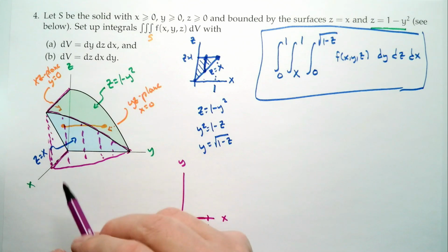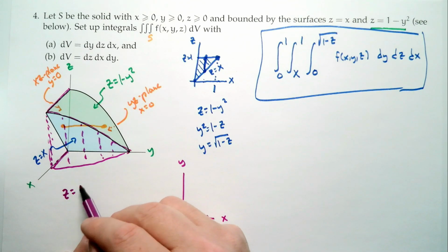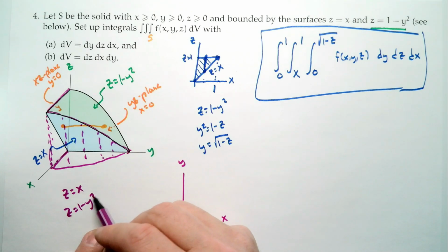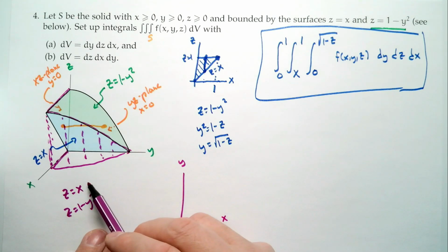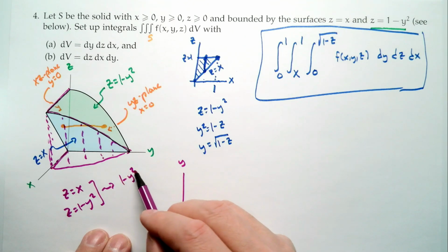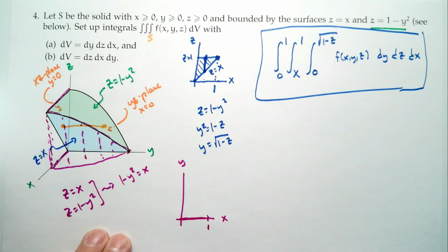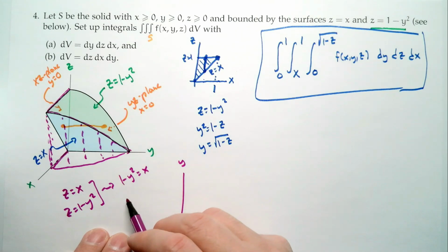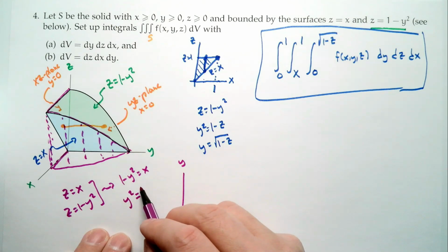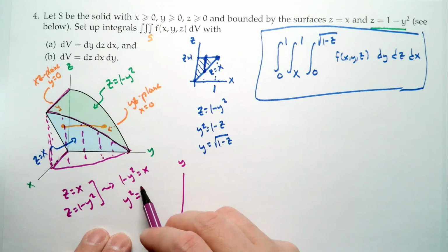Well, I need to figure out when z equals x and z equals 1 minus y squared intersect. Put these together, you get that 1 minus y squared has to equal x. Or, if you rearrange it, y squared is equal to 1 minus x.